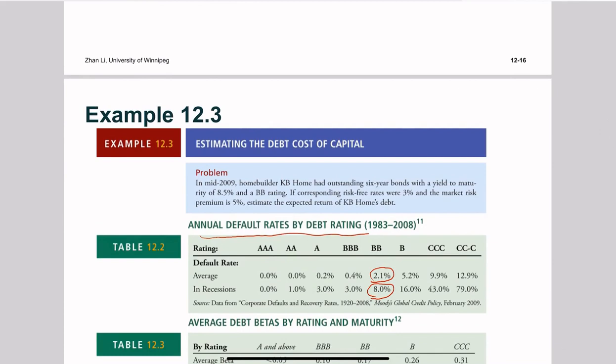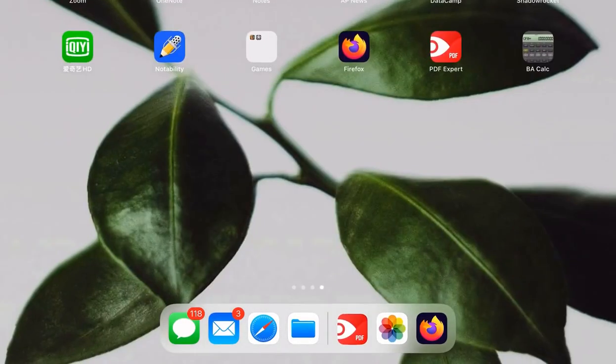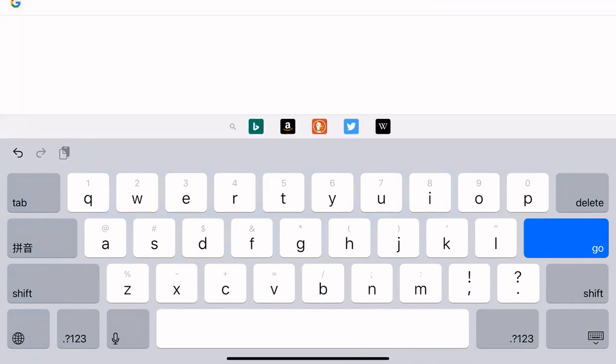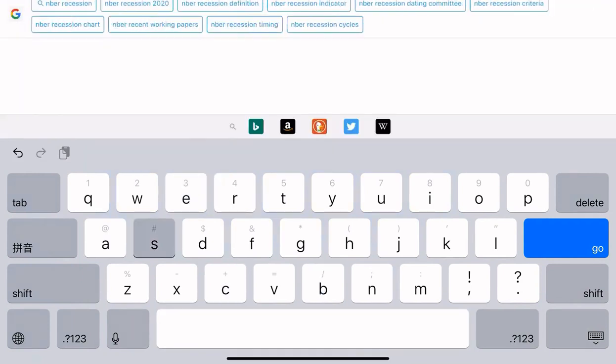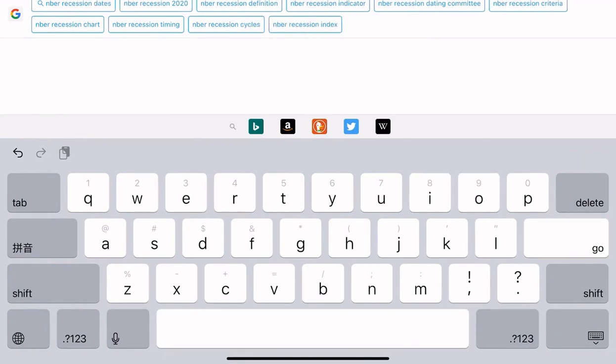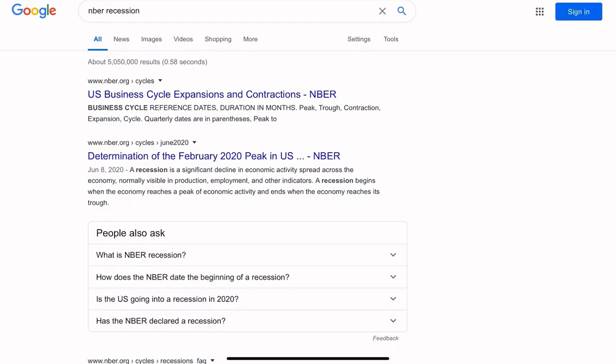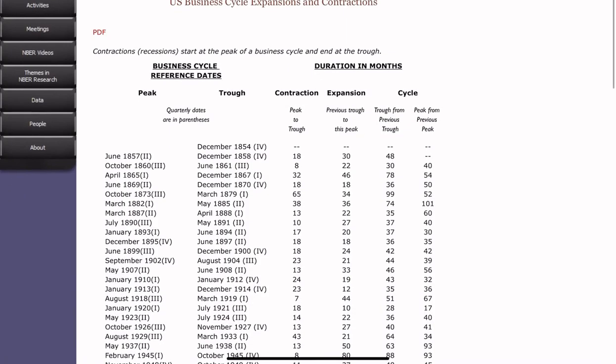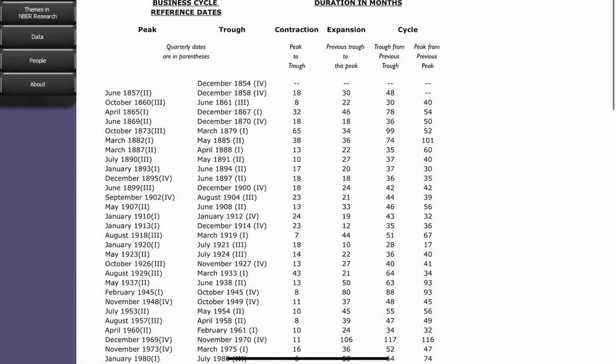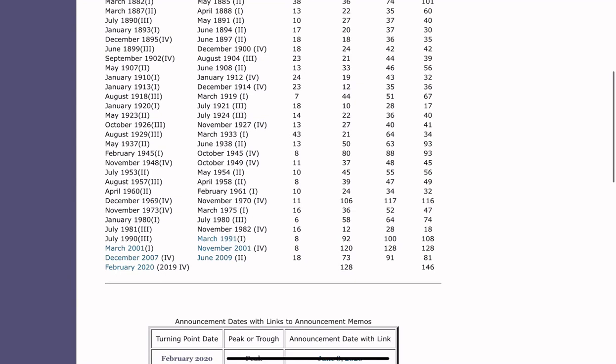Oh, by the way, you might wonder, how do I know June 2009 was the last month of the recession? For recession related data, you could check NBER recession, right? NBER is like the official institute to determine the time, the year, and the month of different recessions. So you can see that you have all the recessions here, right?